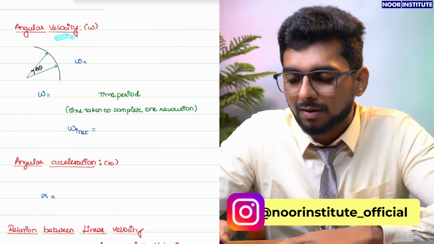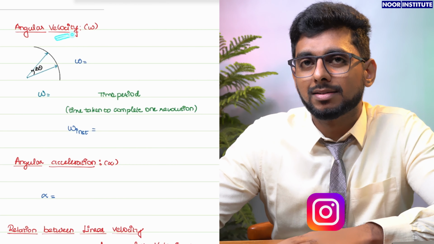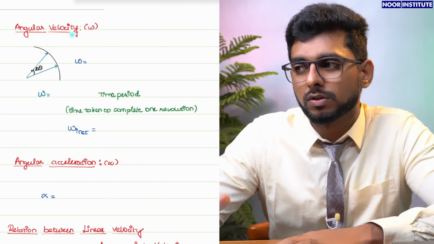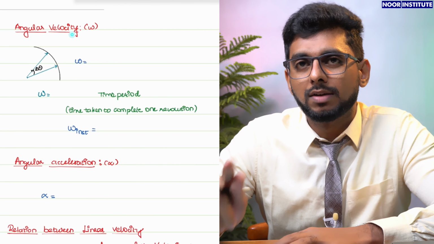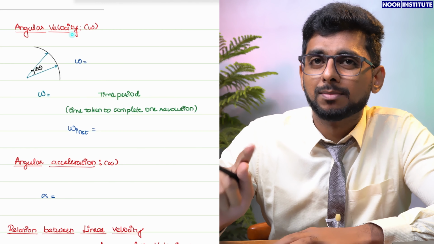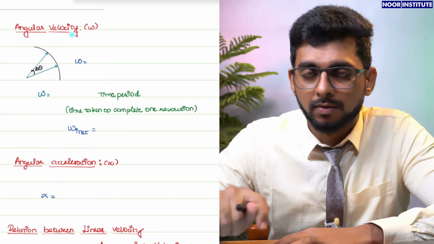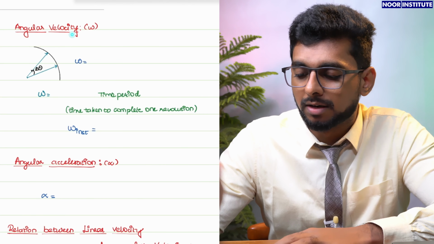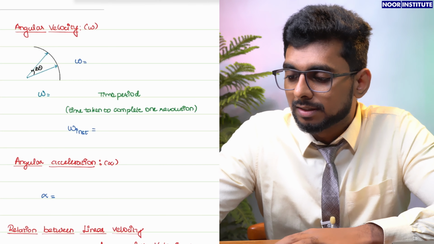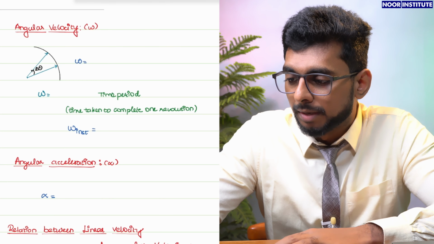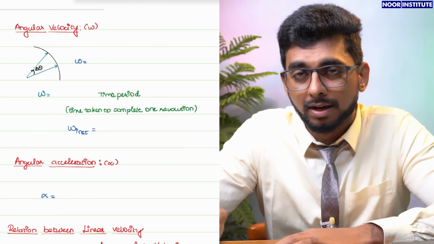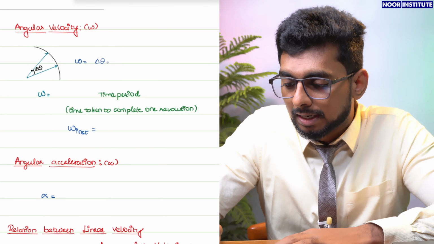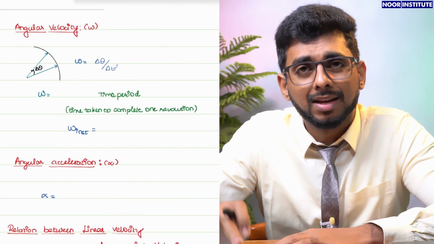Angular velocity is directly derived, directly understandable from the velocity itself. We know velocity is nothing but change in displacement divided by time interval. Therefore, here it is nothing but the change in the angle divided by the time interval. The notation that we use for angular velocity is omega. Therefore, for omega, I'll have del theta divided by del t. That gives me the angular velocity.